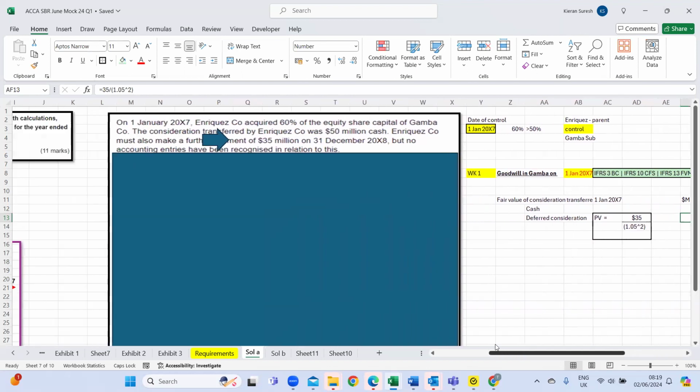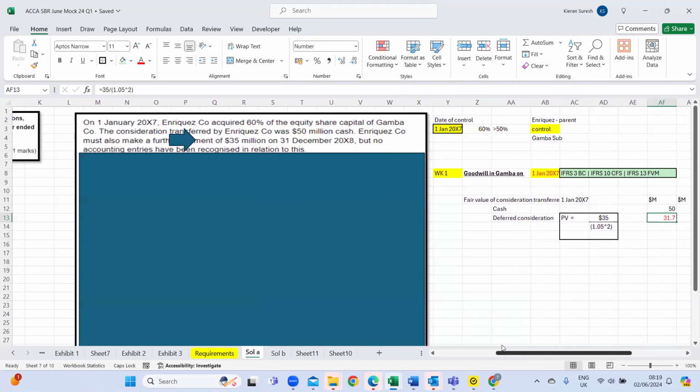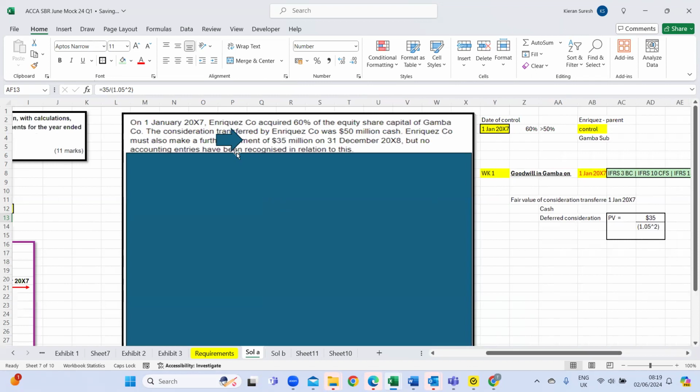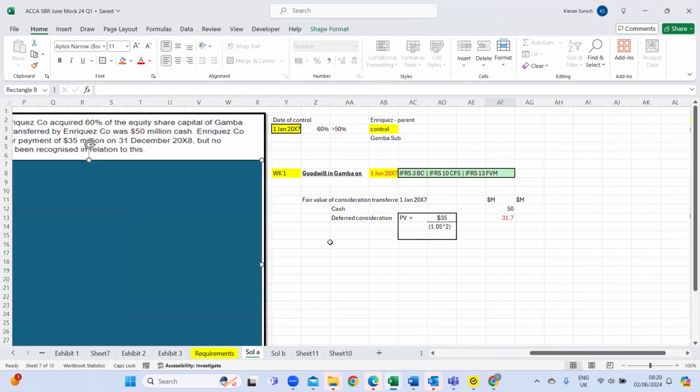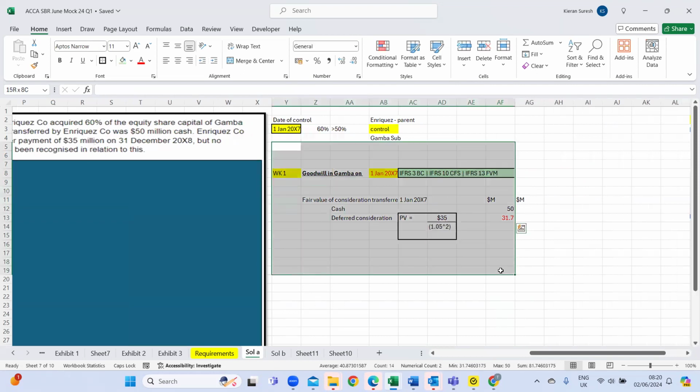And then what other information have they given me with respect to the deferred consideration? They said no accounting entries have been recognized in relation to this deferred consideration. So you need to know what the double entry is. They haven't recorded it, even at the initial recognition date.